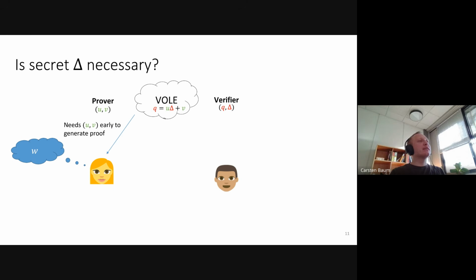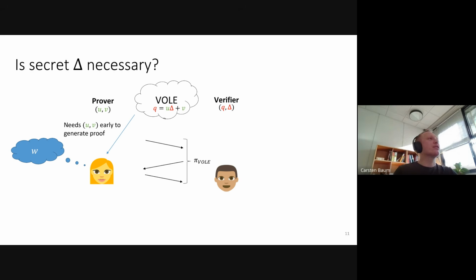Now, in order to generate the zero-knowledge proof, the prover needs her share of those linear equations. So she needs U and V. She needs this information in order to generate the proof that she then sends over to the verifier. So she commits to the witness, she does the circuit evaluation, and so on.